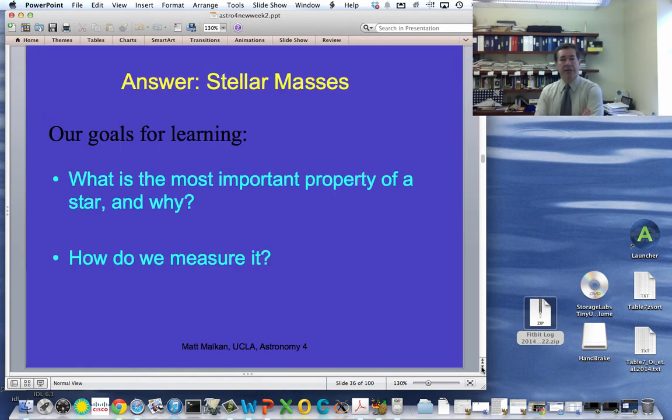The answer is that these different stars at different locations on the main sequence differ in one most fundamental property, which is their mass. That means how much gravity the star has, how much stuff it has, how much fuel it has to power it.